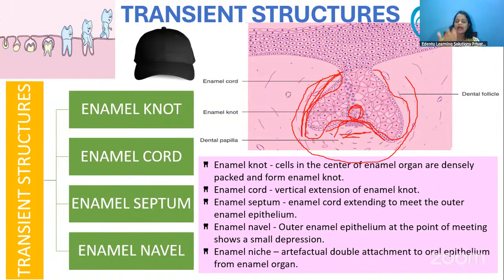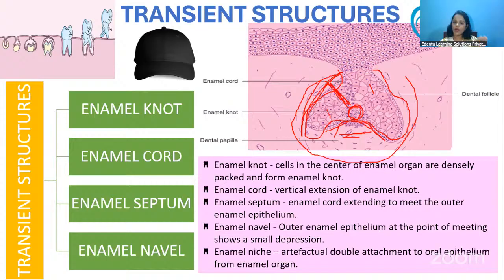If this enamel cord goes and touches the outer enamel epithelium, then the enamel organ gets divided into two halves, this one half and this the other half. This enamel cord, which goes and touches the outer enamel epithelium, is called the enamel septum. Why septum? Because it is dividing the enamel organ into two halves.